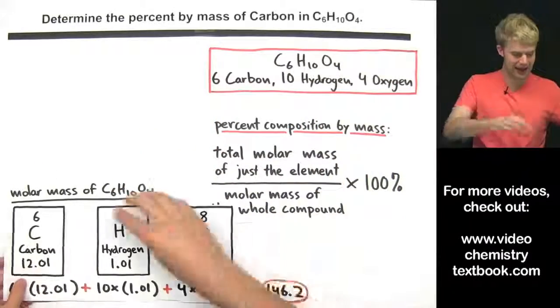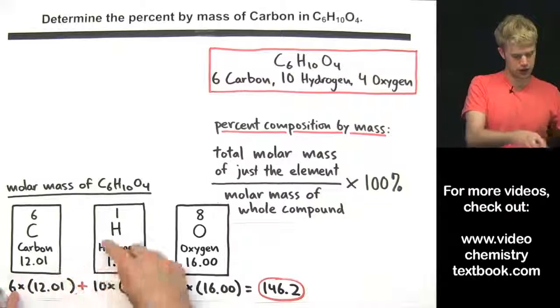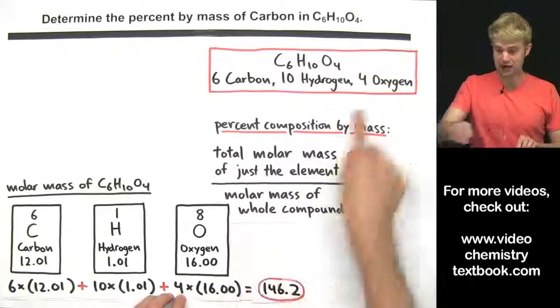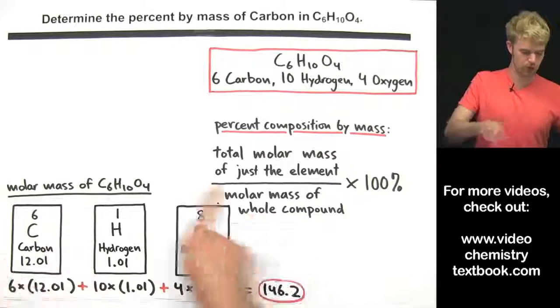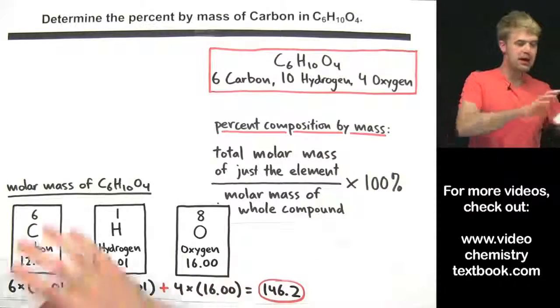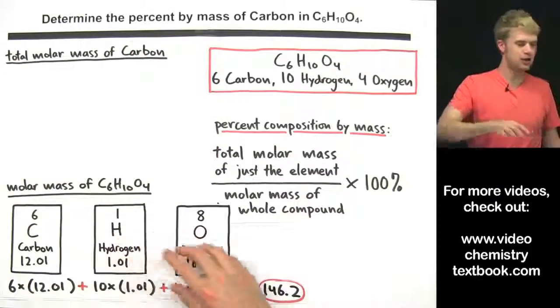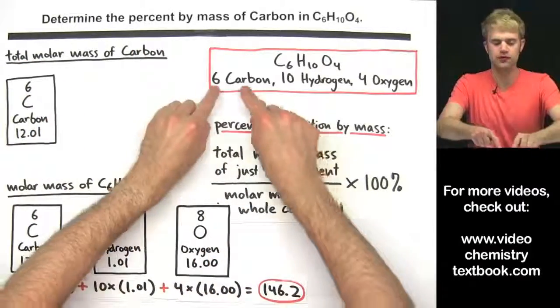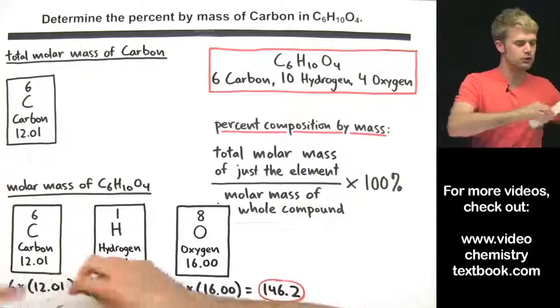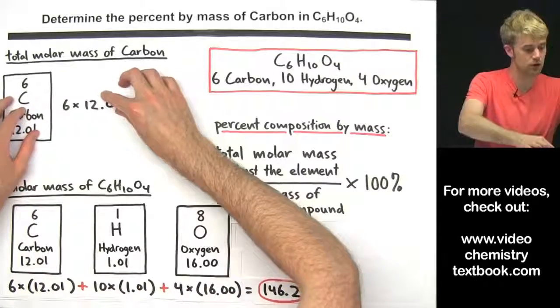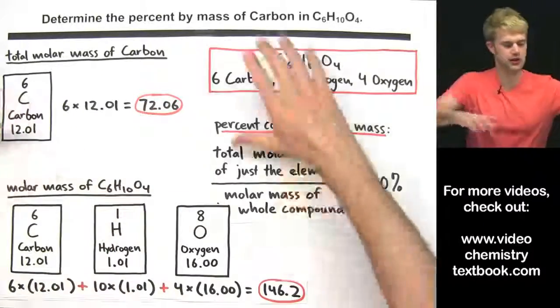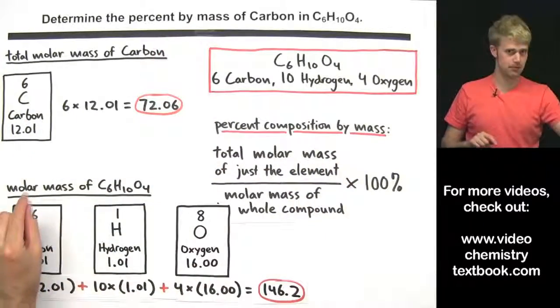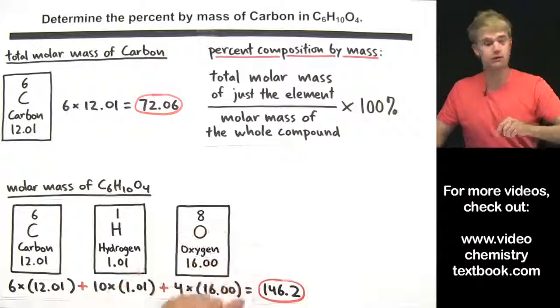So we will add their molar masses together, 6 carbons, 10 hydrogens, and 4 oxygens, and get 146.2, the molar mass of all of them added together. Now when we zoom in on just the carbon, we see that we've got 6 carbons here. So we'll do 6 times 12.01, which is how much 1 carbon weighs, and we get 72.06, the molar mass of just the carbon. Now we'll plug these into the formula.